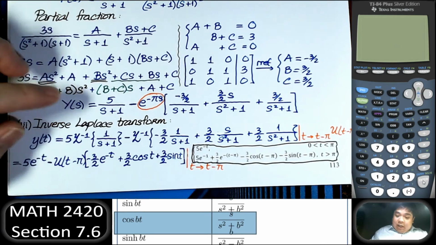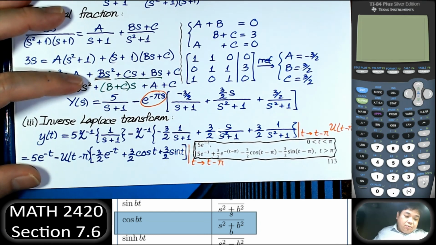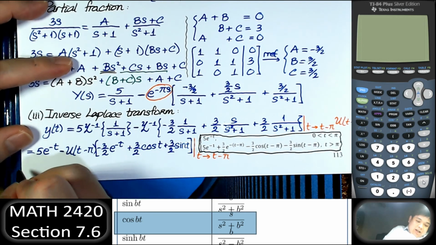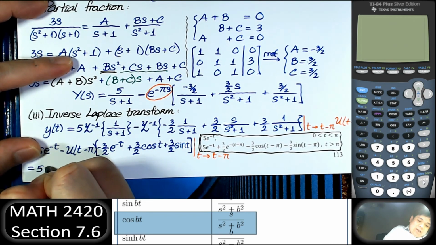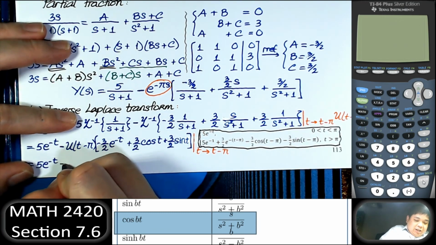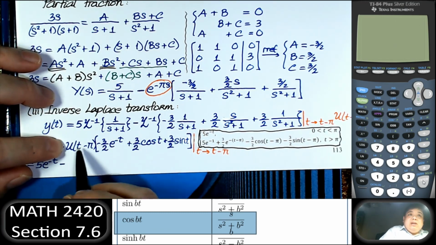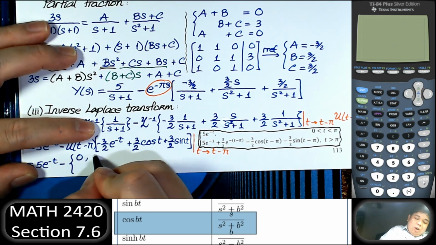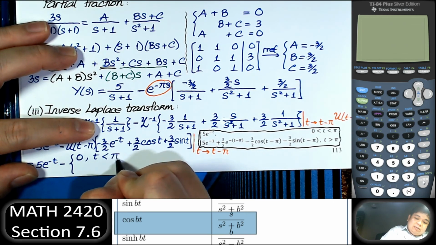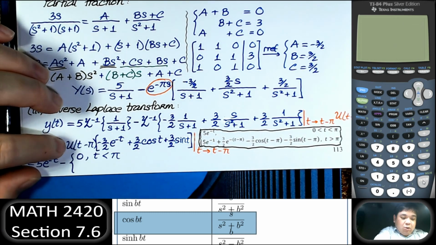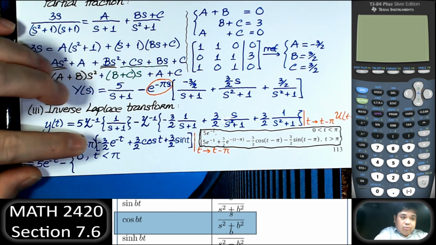Yeah. This is the answer, by the way, so we should get that. Right, actually, that is the same. Right, now, this we can write as 5 e to the negative t, and then subtract. Since we have u of t minus pi here, we can write that as a piecewise function. We have 0 on the top when t less than pi. Yeah, that's the unit step function.